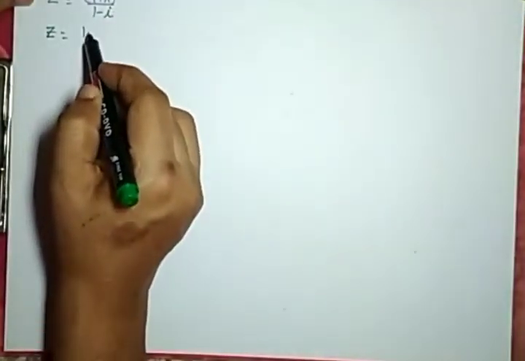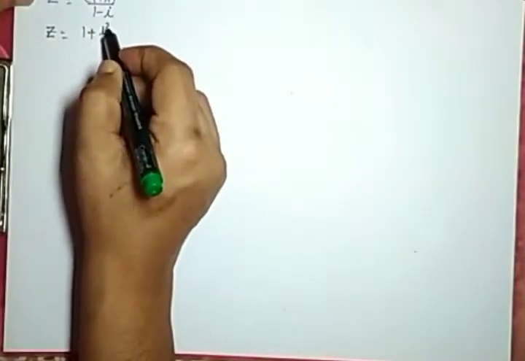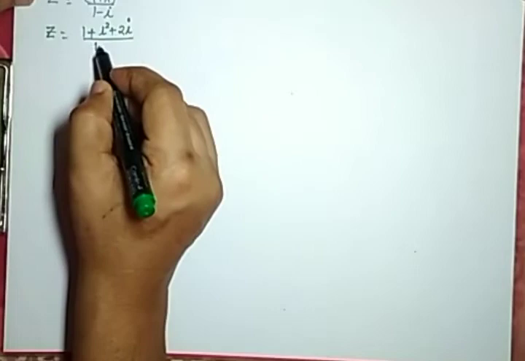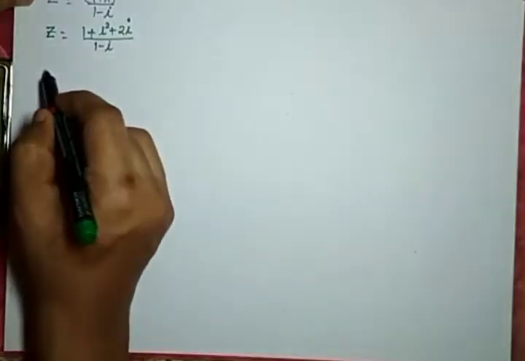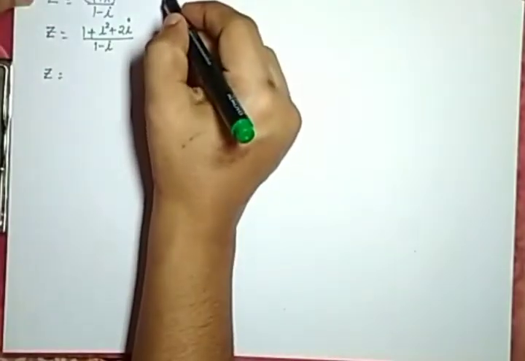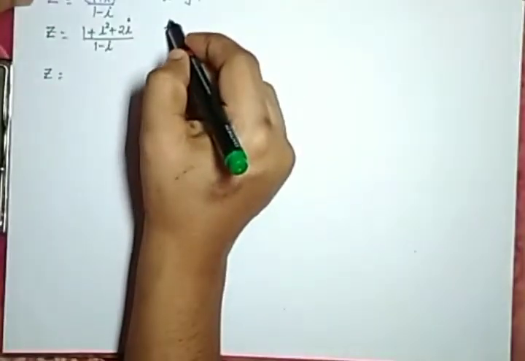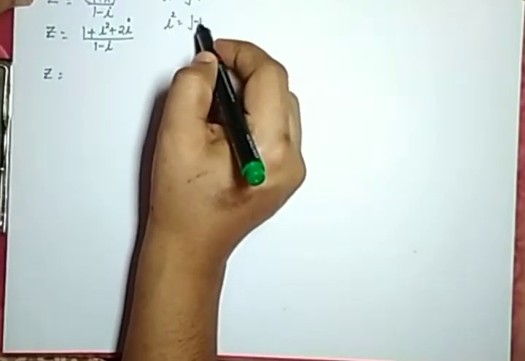Let us write z is equals to 1 plus iota square. A plus b square is a square plus b square plus 2ab. And in the denominator it is 1 minus iota. Now what was the value of iota square? Iota is equals to under root minus 1, and iota square is equals to under root minus 1 into under root minus 1.